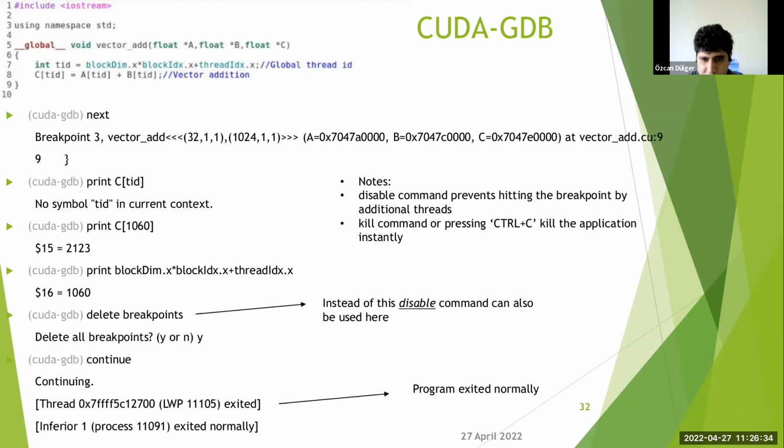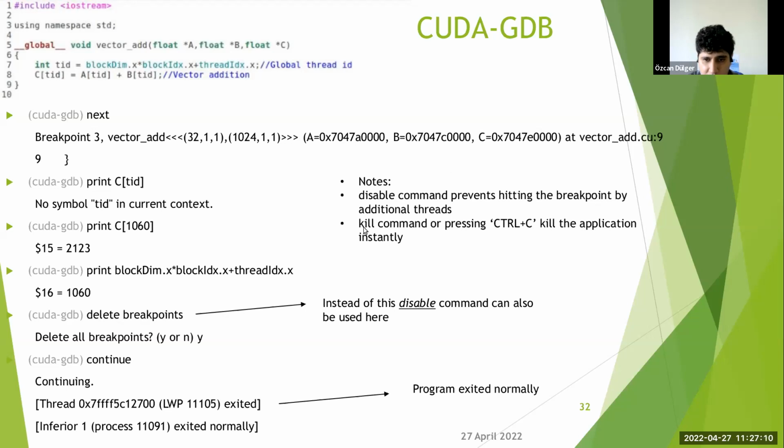If you enter disable, the threads that haven't hit the breakpoint yet will be disabled. So only the current threads are active, and when their job is finished, your program exits normally. So the disable command prevents the waiting threads from hitting the breakpoint for future operations, and your program exits normally.